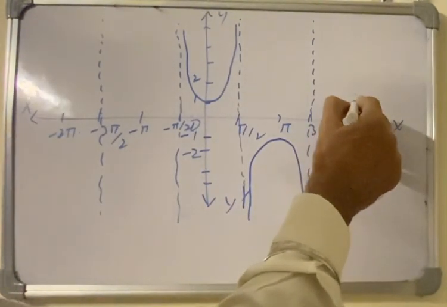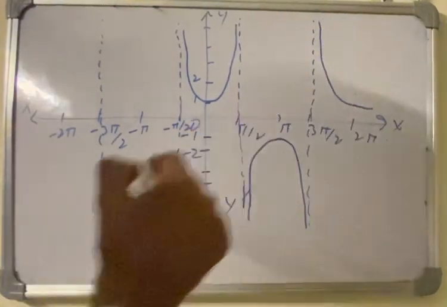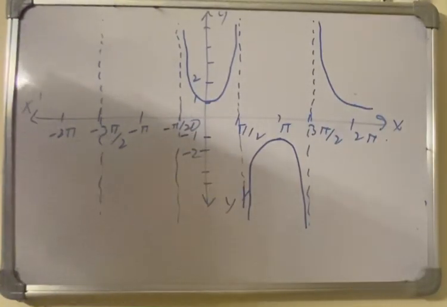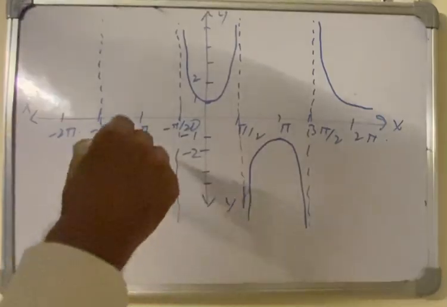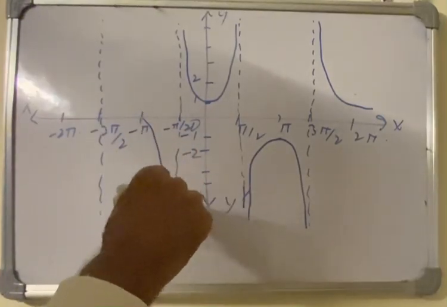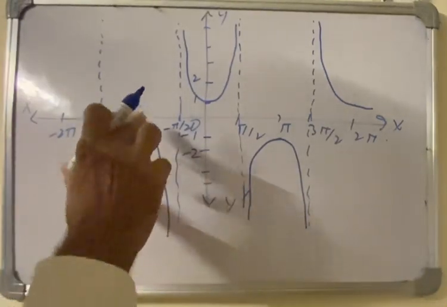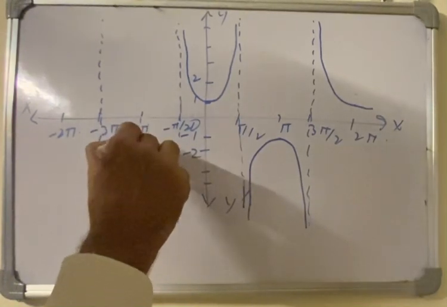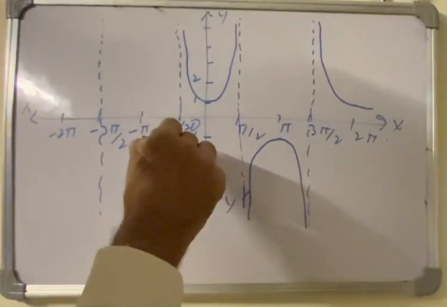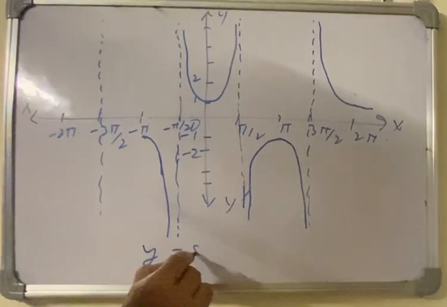So it goes in this way. Similarly, at minus pi it is minus 1. Therefore, it goes in this way. So that's all. This is the graph of y is equal to secant x.